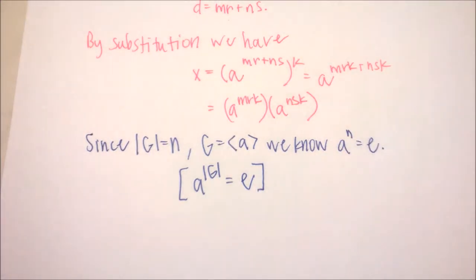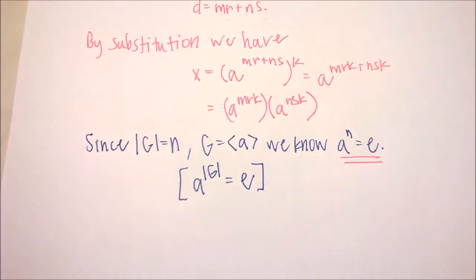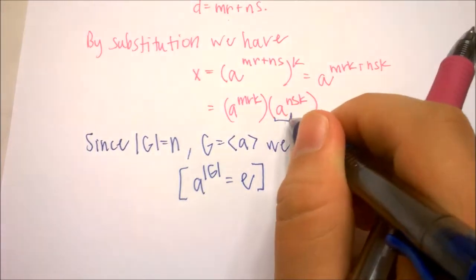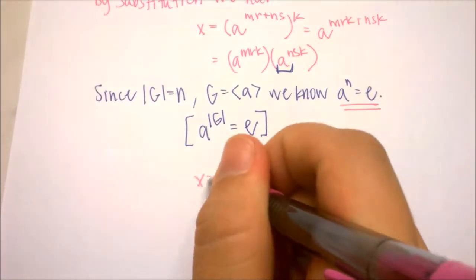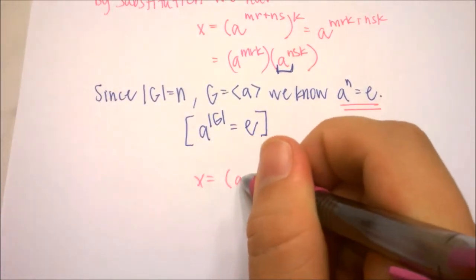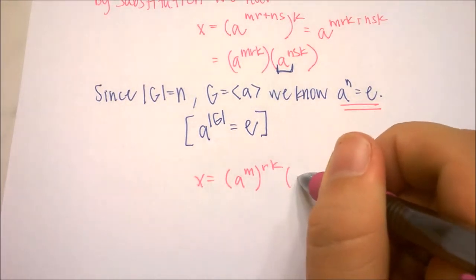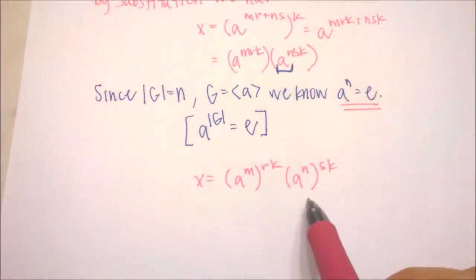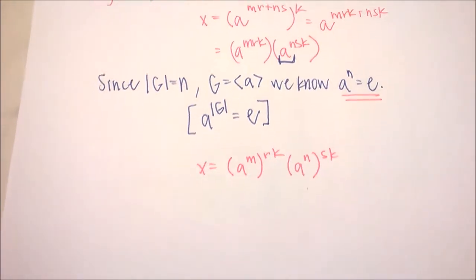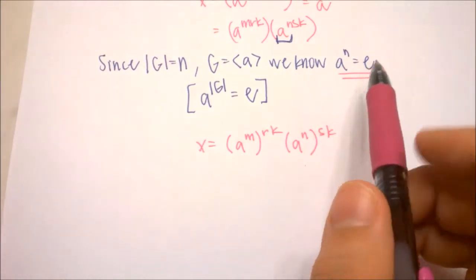Okay? So since we know this fact, and we have A to the n right here, we can rewrite these exponents using exponent rules. We know A to the n is equal to the identity.